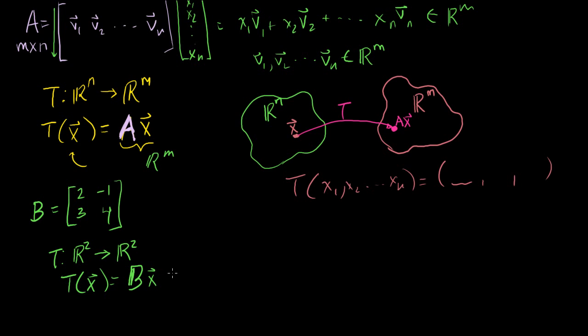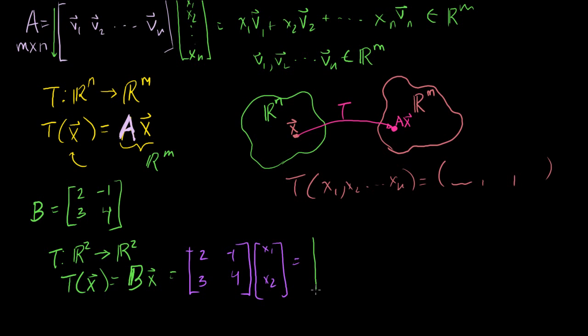Now what would that equal? Well, the matrix is right there: 2, -1, 3, and 4 times x1, x2. And so what does this equal?